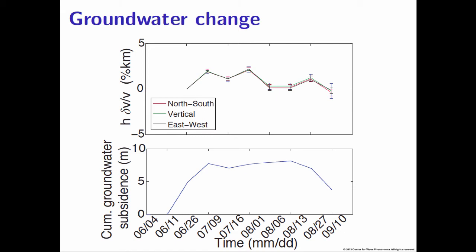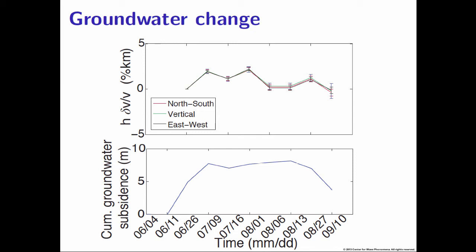And what you see from the independent data is that the variations of these two show a strong relationship with one another, with an initial increase, and then later a decrease in the two data sets. So groundwater subsidence might explain the velocity changes we are observing from our monitored region.